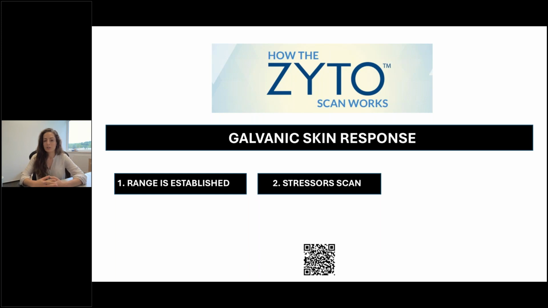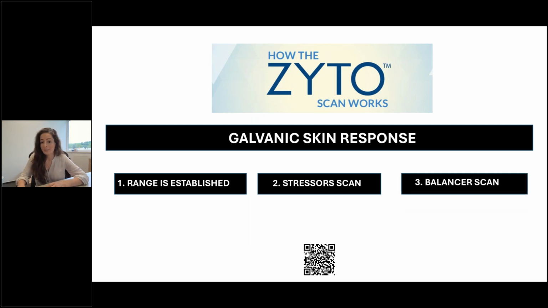So we ask your body questions, your body gives us responses, and during this step number 2 that I'm still explaining, the stressor scan, this is the part when we ask the questions. And when we get answers, we can see which ones are responding normally because they are close to your range, to your normal response, and which ones responded unusually. And those we call stressors because they are responding with a level of energy stress.